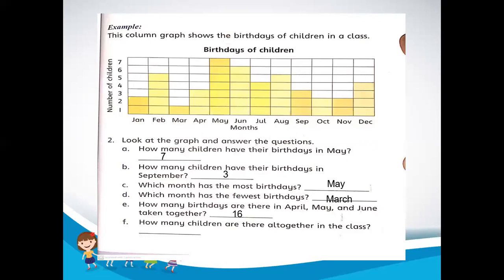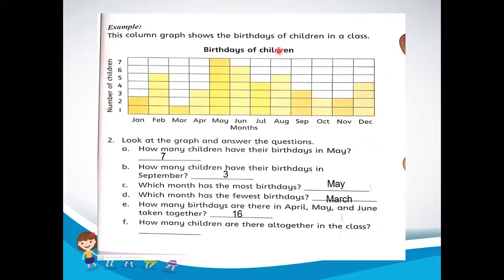Very nice, Iban. Very nice, Ashir. Umme Farwa. Yes, 16 students have their birthdays in April, May, and June.